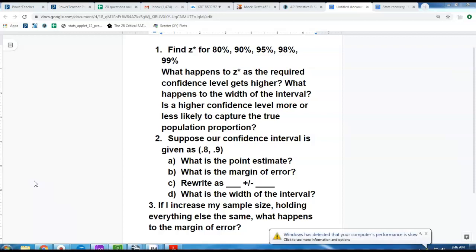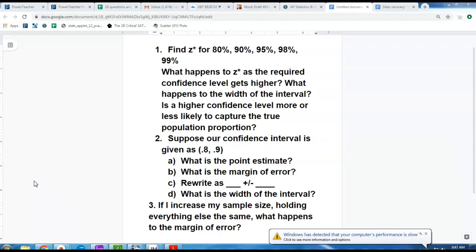If that number gets bigger, doesn't the whole margin of error get bigger? So then you're adding and subtracting a bigger number, and your interval gets wider and wider. So are we more likely to capture the true answer, or less likely? More likely. Remember, if I want to be 100% confident that I'm capturing the true answer, what's my interval going to be? 0 to 1. Like, I'm not even going to bother. If I have to capture it, I'm going to go 0 to 1.